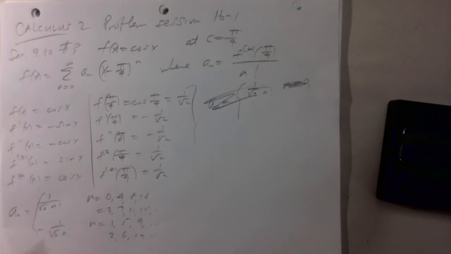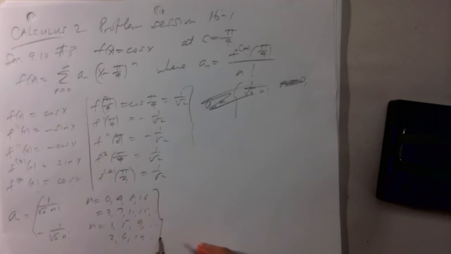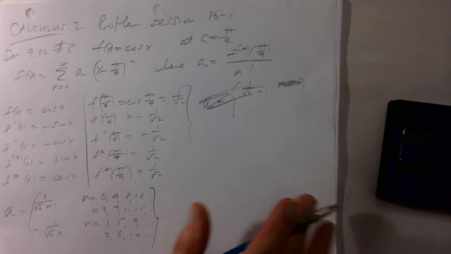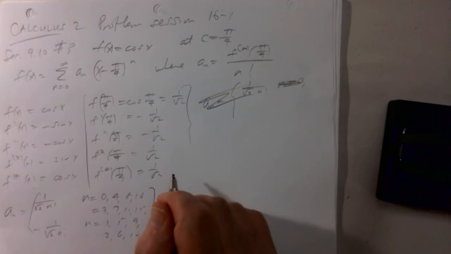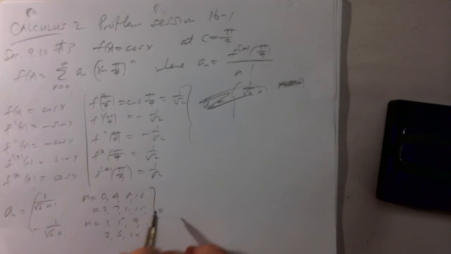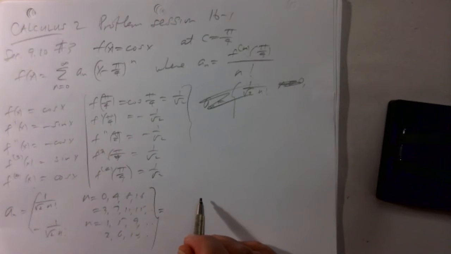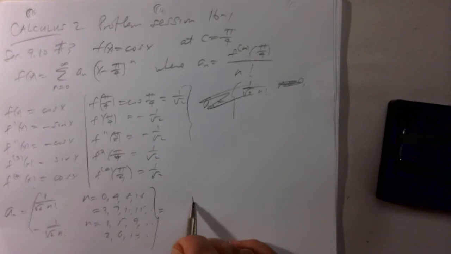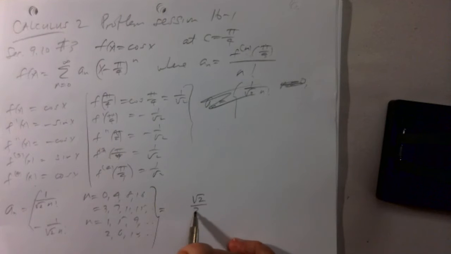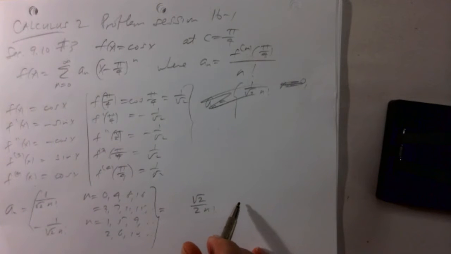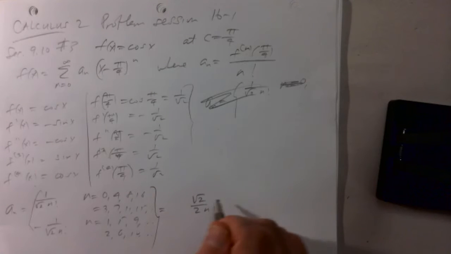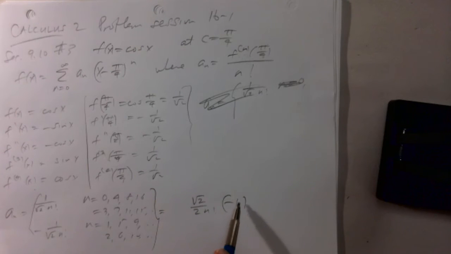So the book gives a somewhat more complicated way to describe this. This is always going to be plus or minus 1 over the square root of 2 times n factorial, or some people prefer to write that as root 2 over 2 times n factorial. And you have a plus or minus 1, minus 1, to what power?